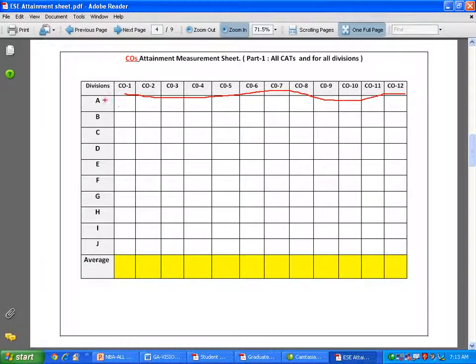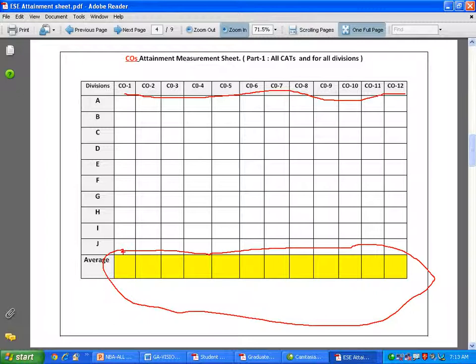Now these are the divisions. Then collect all the things and take the average of these. That is the attainment of course outcome, for all the course outcomes for a given course. It is the average over all the faculty members who have taught different divisions. Internal exams are also calculated in the same way. It could be a written examination, quizzes, presentations, whatever there is.